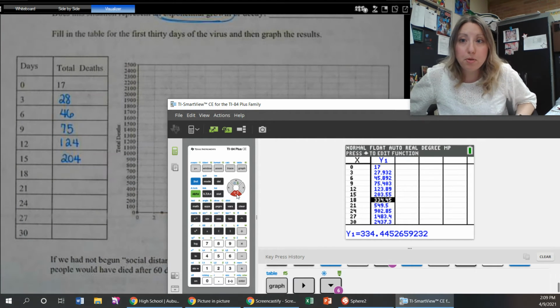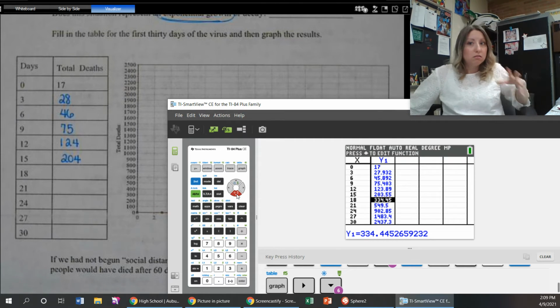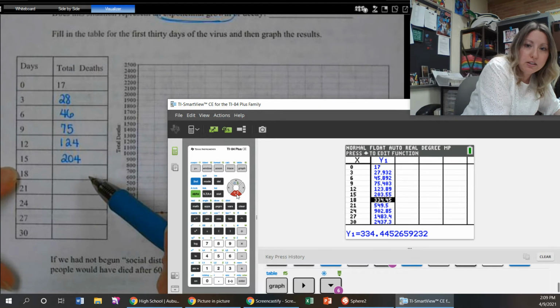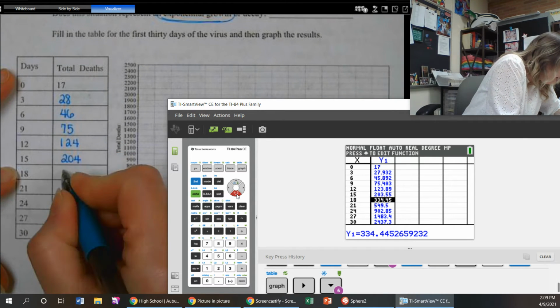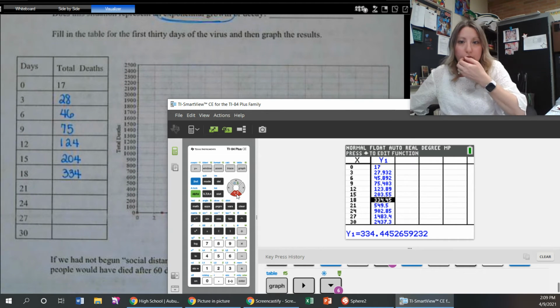This is how many people are now dying each of these days. Kind of think of it that way. 18, we're now at 334.4, so we'll stay at 334.